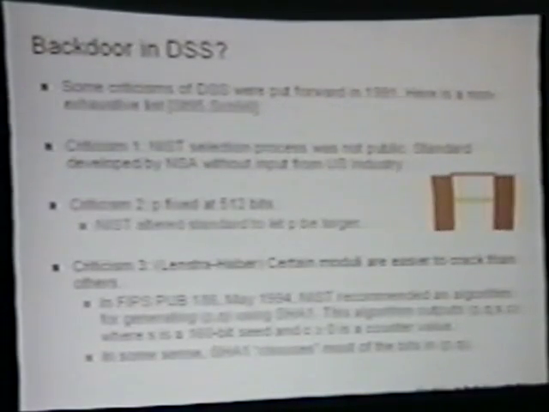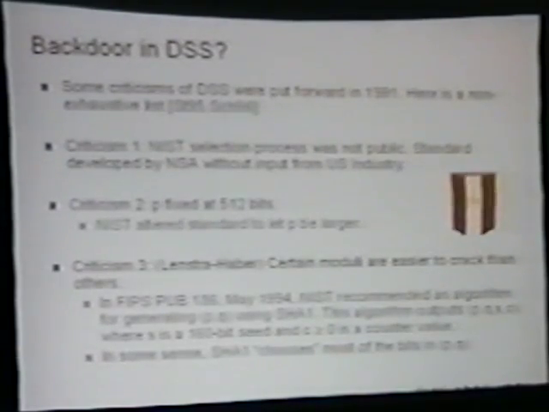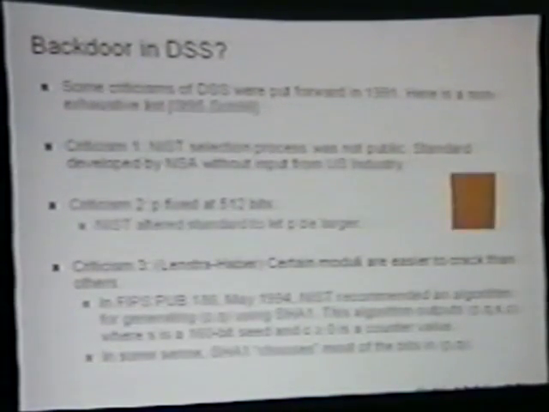This used SHA-1, and the idea was to generate a random 160-bit seed for SHA-1 in an iterative algorithm using a counter value, and the end result is a prime Q that divides P minus 1 and the prime P. And so again, the idea here is that it's SHA-1 that's choosing the majority of the bits in the shared public parameters, not the federal government.